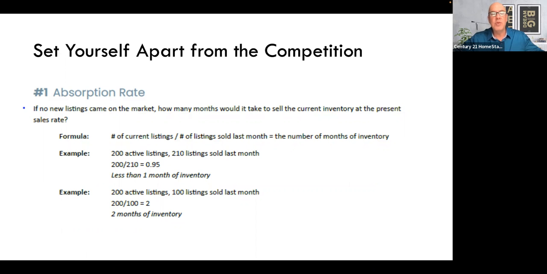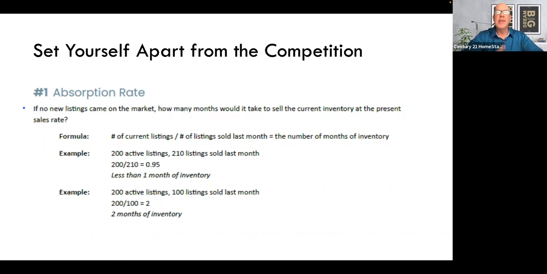It dazzles them with some knowledge, with some things that you can do to win that listing, to show them you know the mathematical analysis of what's happening in the market with things that are for sale and things that just sold in the last 30 days.